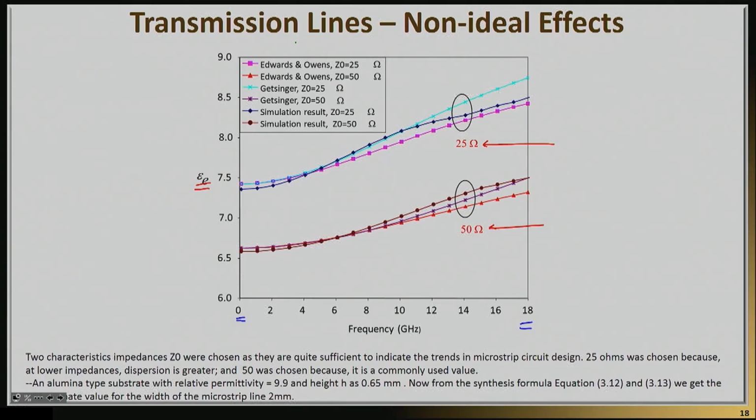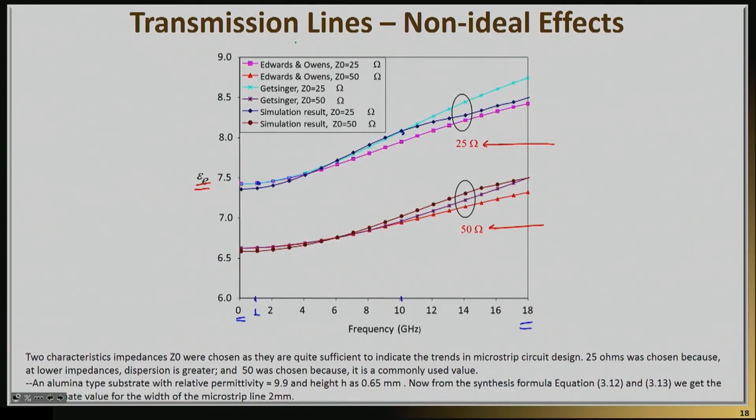But what is interesting to see here is that, first of all, the effective dielectric constant change is not negligible. Let's say you were designing a circuit from 1 gigahertz to maybe 10. If you look from 1 to 10, the dielectric constant, let's say for the 25 ohm case, will change roughly from 7.3 or so all the way to almost 8. And again, that's a pretty severe change.